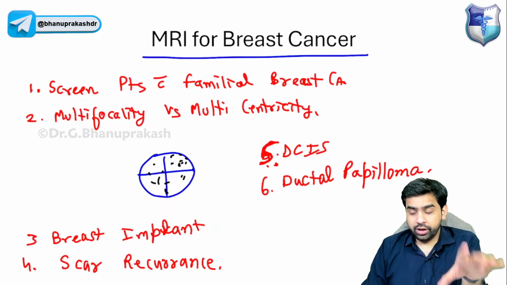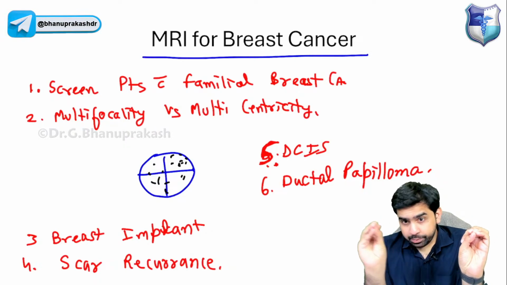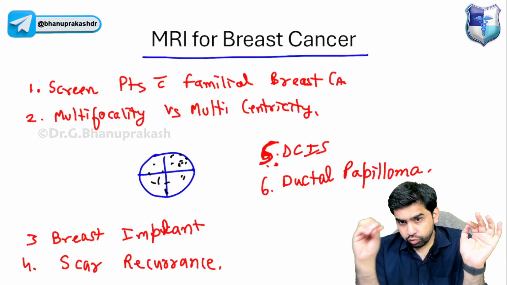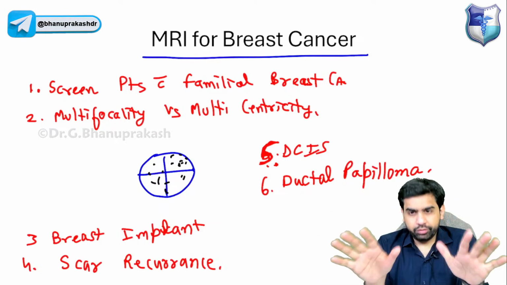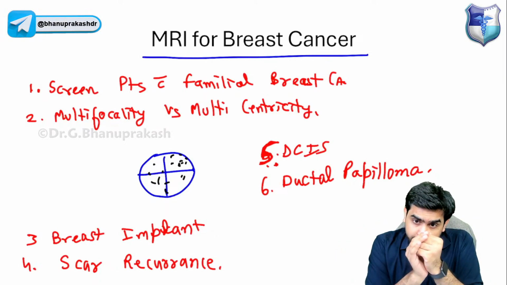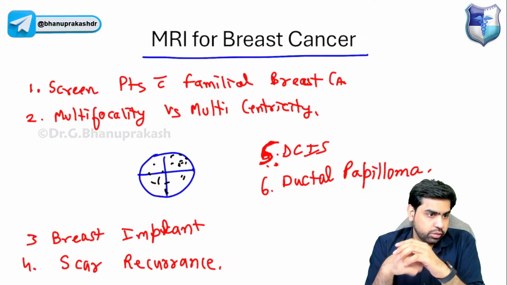And even within one quadrant, there can be one single focus or multiple foci. So multiple foci involving a single quadrant, or multiple foci involving multiple quadrants. We are dealing with malignancy only. So malignancy can be unifocal, or it can be multifocal, or it can be multicentric. I hope you are able to understand this point.